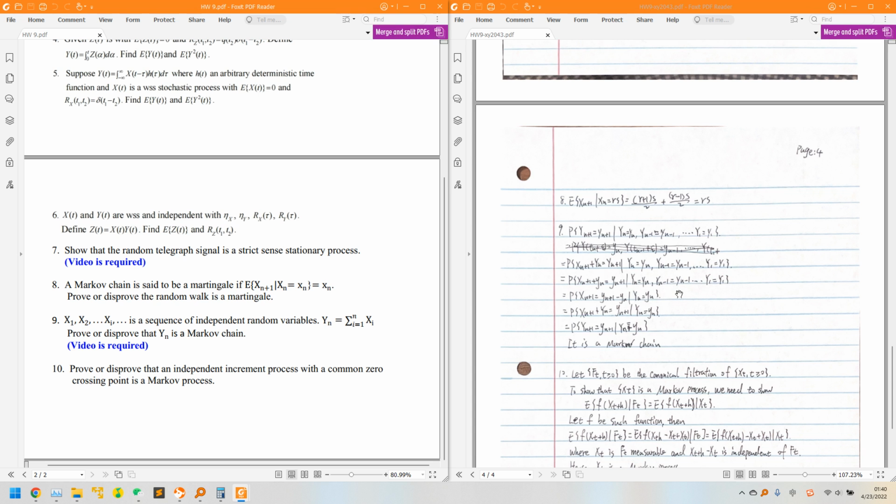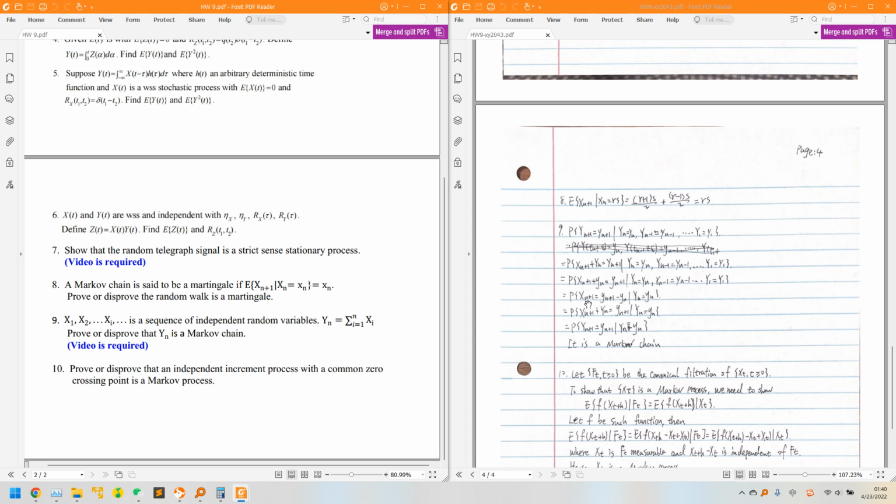We can see that the probability only depends on Yn equals yn, and the other items are useless, so we don't want them.